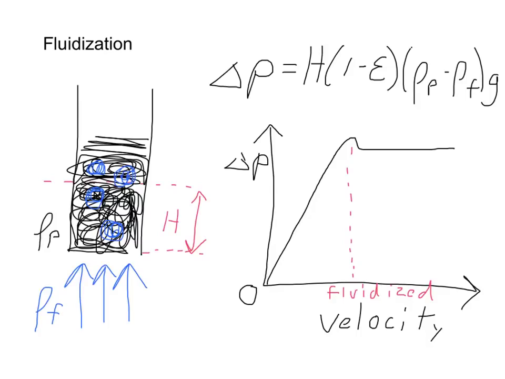And for certain types of powders, which we'll talk about next, you may begin with a non-bubbling fluidization, and then as you increase the velocity, end up getting a bubbling fluidization.